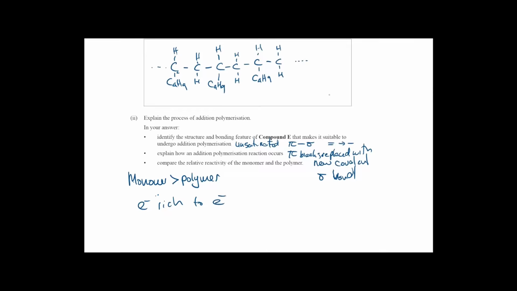I won't say electron poor, but in this sort of beast here, the electron's doing a lot more work. And it's going to be relatively inert because of that. So, yes, those double bonds are going to give way to single bonds and carbon-hydrogen bonds. I think that's how you would answer that.